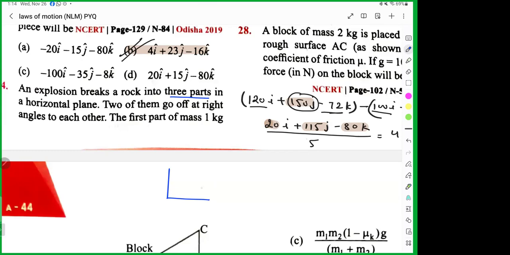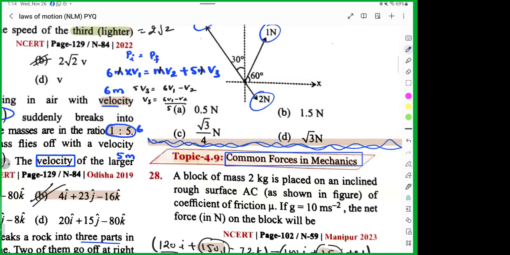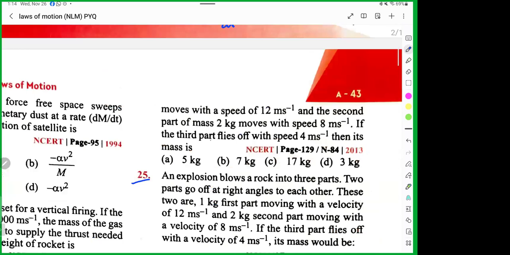The first part of mass 1 kg moves with this velocity. The second part of mass 2 kg moves with this velocity. The third part flies off with mass of this.